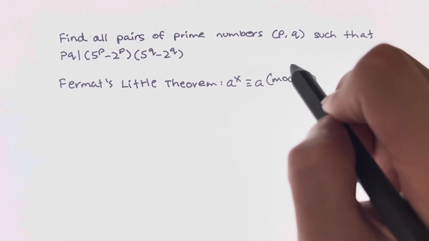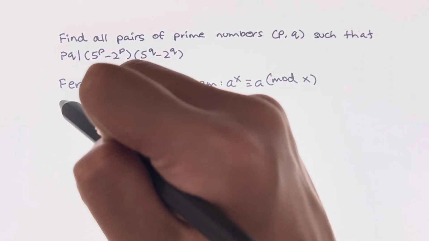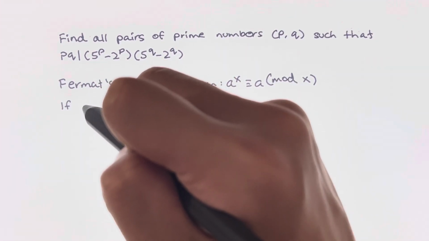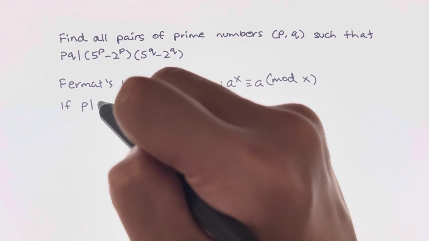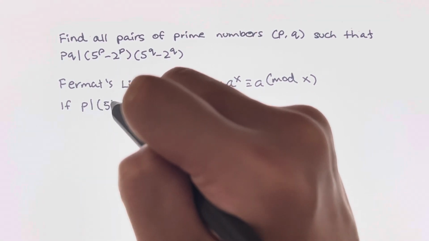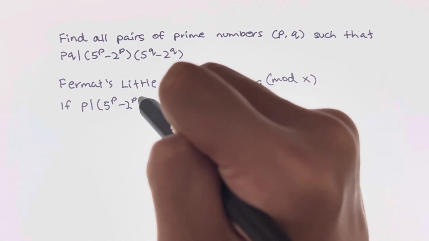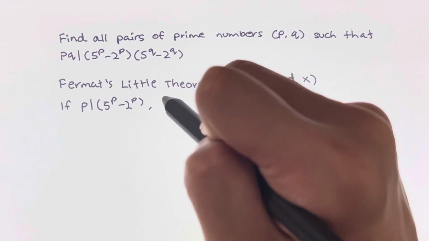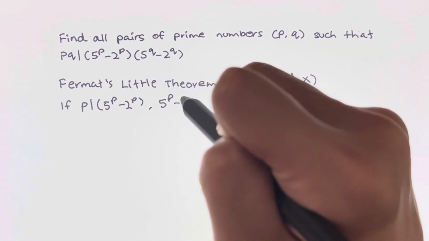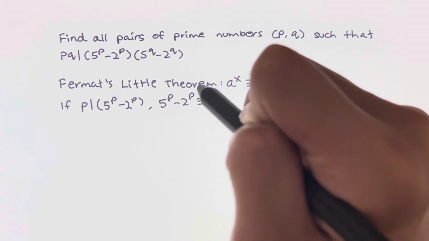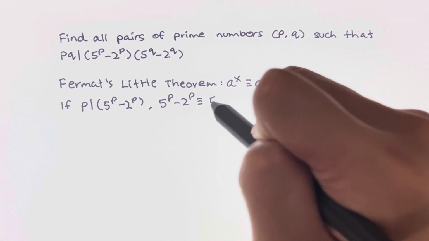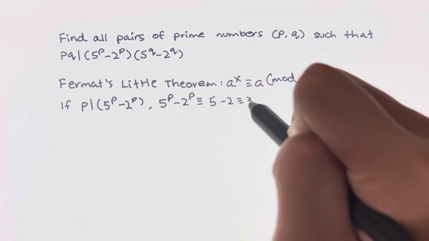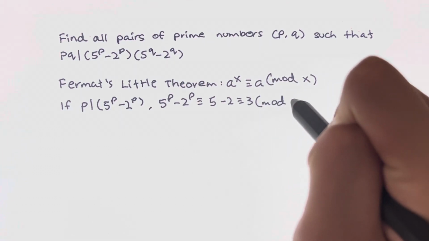Applying this, if p is a factor of 5 to the power of p minus 2 to the power of p, then we have 5 to the power of p minus 2 to the power of p is congruent to 5 minus 2, congruent to 3 mod p.